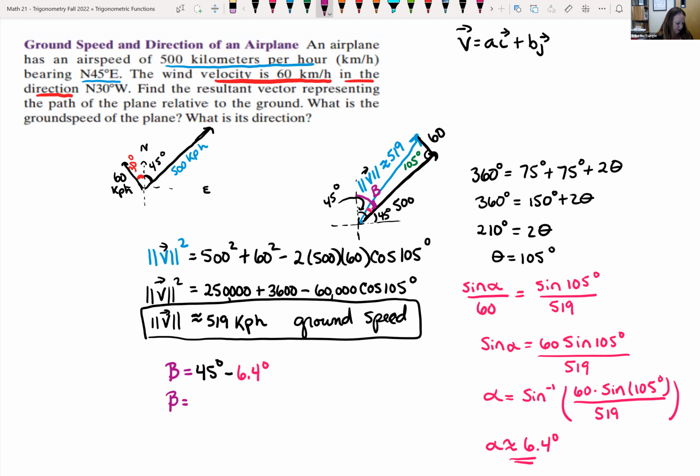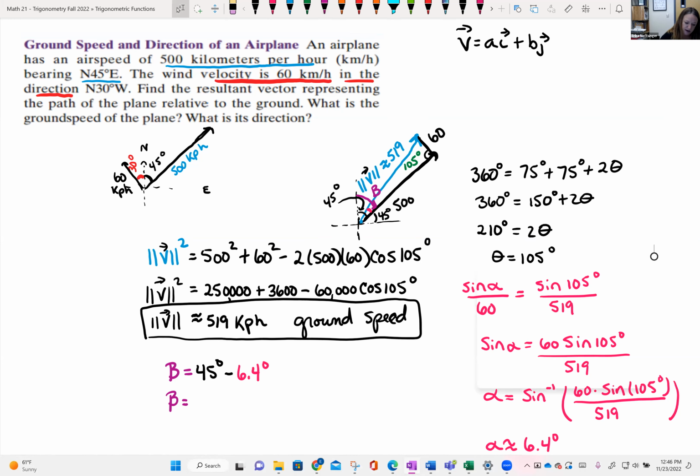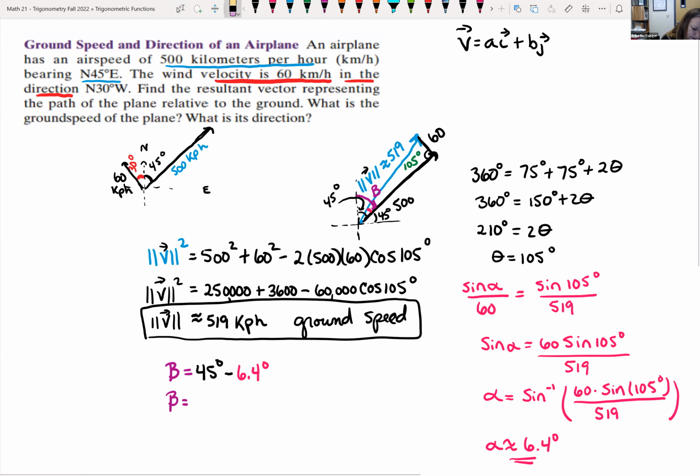Actually, beta is going to not be exactly what I put. Beta is from here to here. So 45 minus 6.4 gives me 38.6.